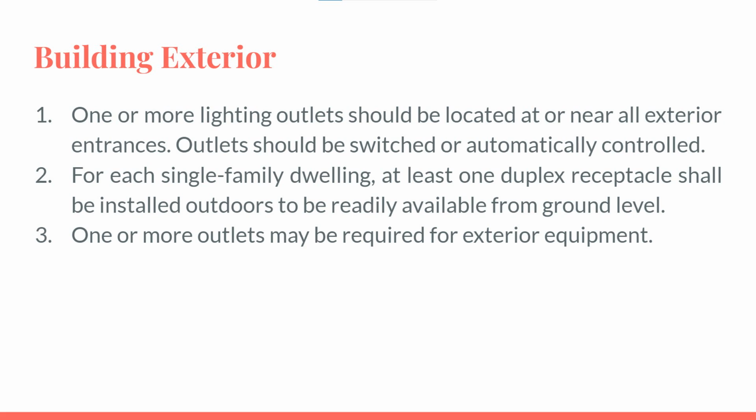Weatherproof convenience receptacles should be provided on exterior walls for outside work. GFCI protection is required for outdoor receptacles. Third, one or more outlets may be required for exterior equipment. Example, like swimming pool pump, well pump, and so on.